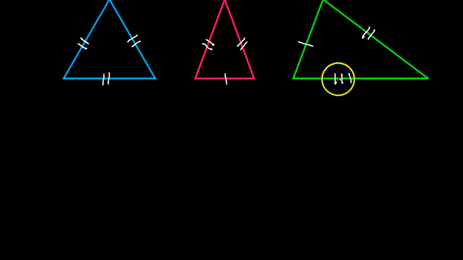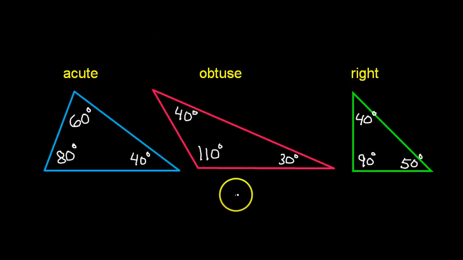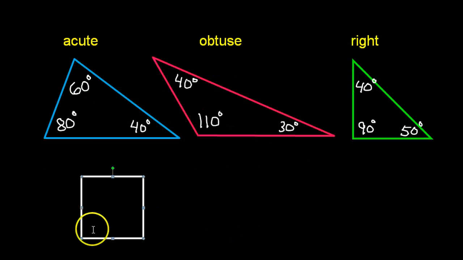Another way that we can classify triangles is, wait, did I go the wrong way? Yeah. We can talk about their angles, okay? An acute angle is an angle that is less than 90 degrees. Alright, of course a 90-degree angle is what you're looking at when you're looking at a square, you have four 90-degree angles.